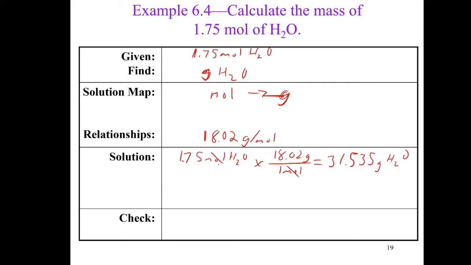And then we need to do sig figs, so we need 31.5 grams H2O. And then let's check and make sure that this number is realistic. Hey, the molar mass is 18.02. We have more than a mole, so we should have more mass than that. So that's a reasonable answer.